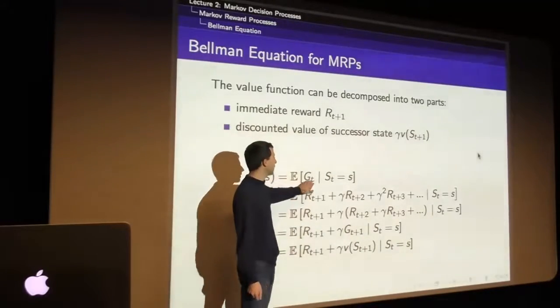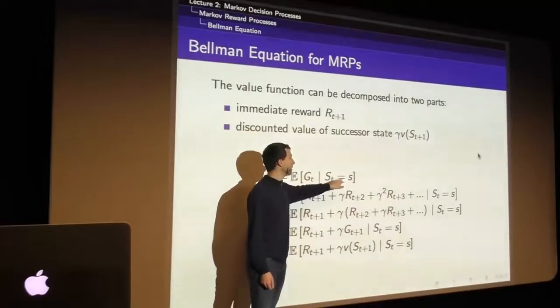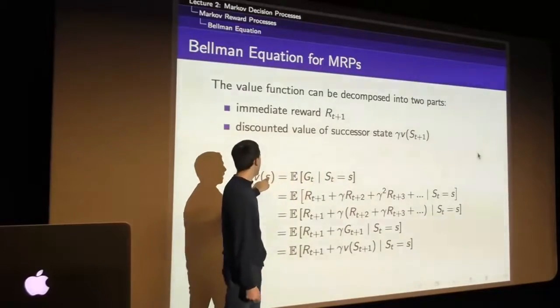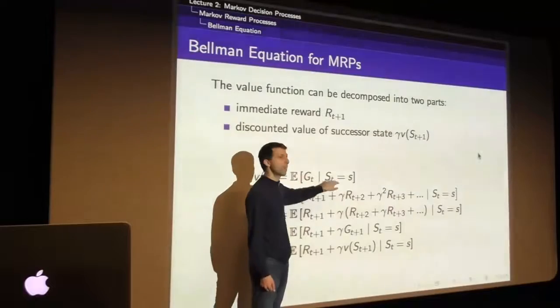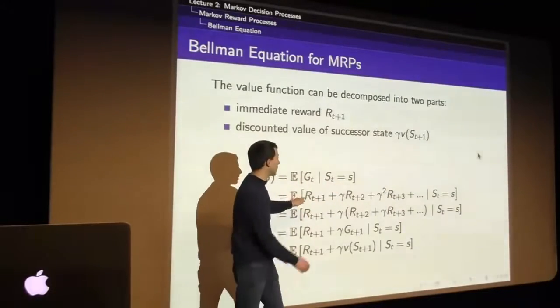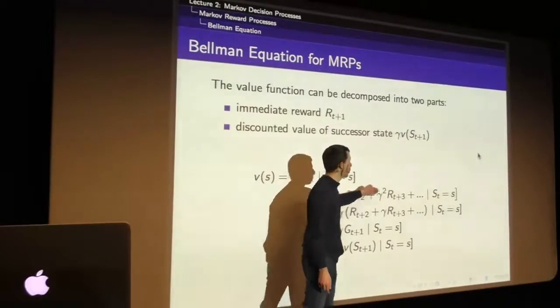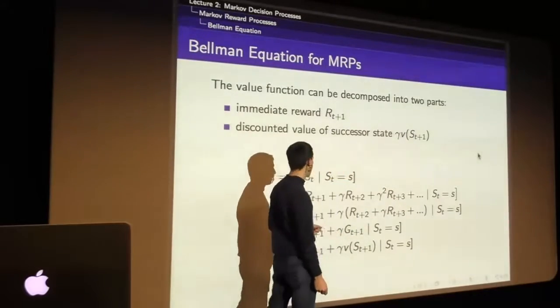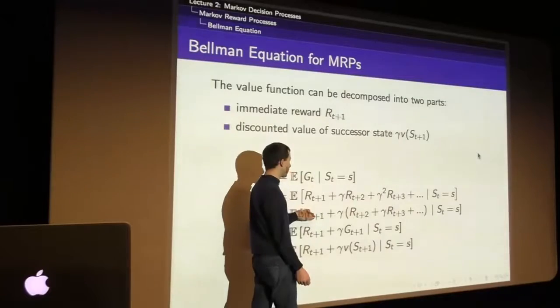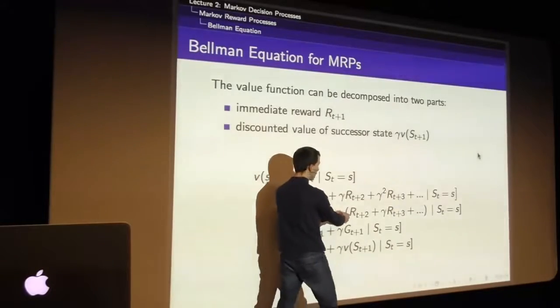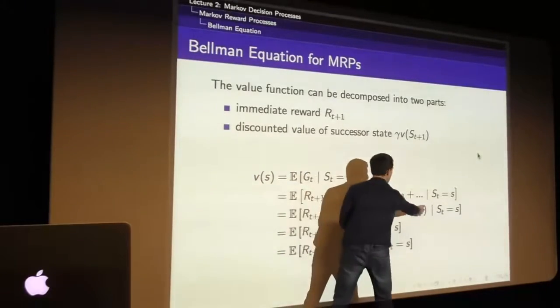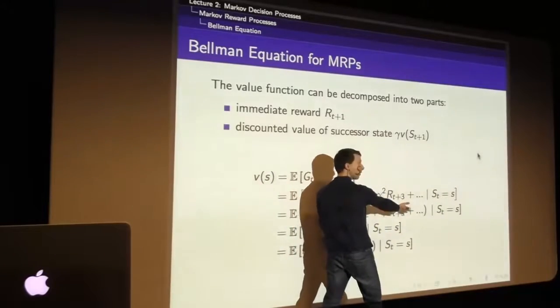The value function is the expected return, given that I start in a particular state. That's how we want to know how good it is to be in this state, and it's the expected return if you start in that state. If we just unwrap the definition of return, the return is just the sum of these rewards going into the future, discounted. We can break down that sum of rewards into the immediate reward plus the discounted return from the next step.